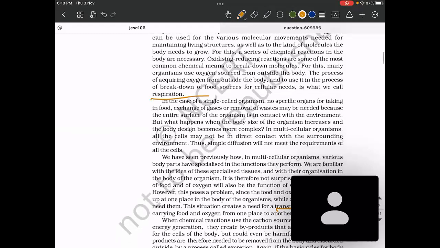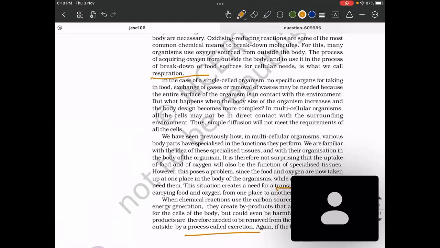What comes out of the cell? Oxygen is utilized. The carbon dioxide and other metabolic wastes come out. Oxygen enters into the cell. Do you think carbon dioxide is coming out? Yes, sir.